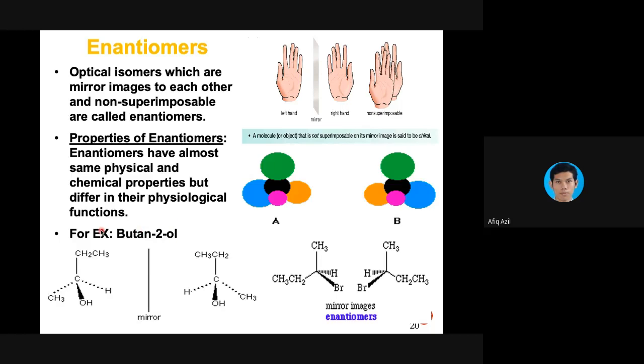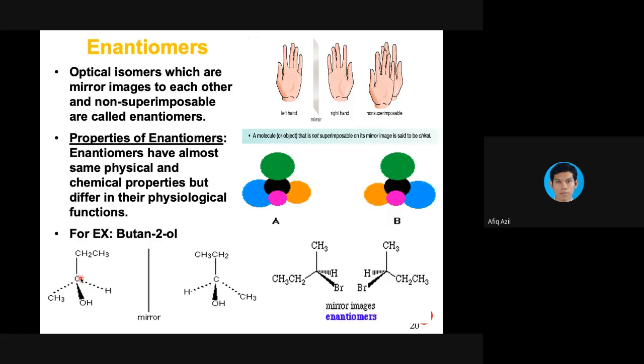For this case, the choice of projection to be used is the wedge dash projection, in which the carbon that will be the chiral center will be drawn in the middle over here. So that will be your chiral center. Then from this is where you are going to draw all of the other groups or atoms that are attached to it. So the second carbon, you know that this is the second carbon.